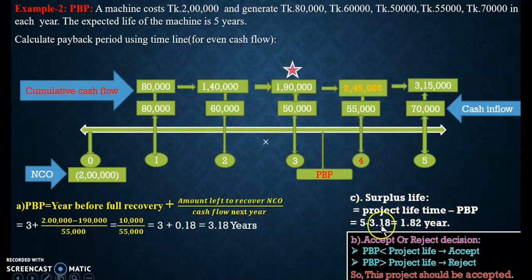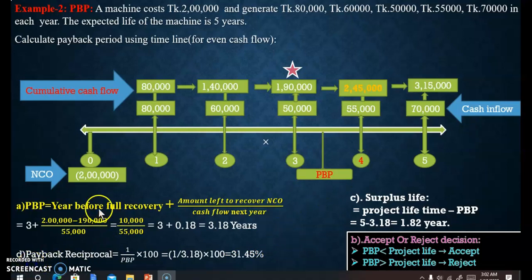Surplus life is 5 years minus 3.18 equals 1.82 years. And payback reciprocal equals 1 divided by PBP, that means 1 divided by 3.18 times 100 equals 31.45%. Dear students, I hope you all understood the timeline methods.